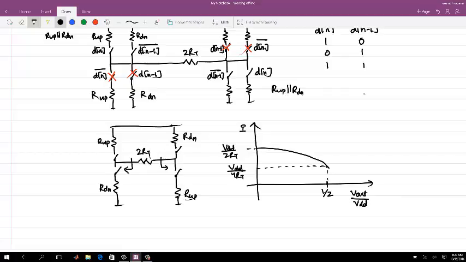Okay. So what will happen? Can you comment on what kind of current is drawn from the supply? Is it fixed? Is it varying? It varies, right? And if the current is varying from the supply, what problem can it cause? So think about it.